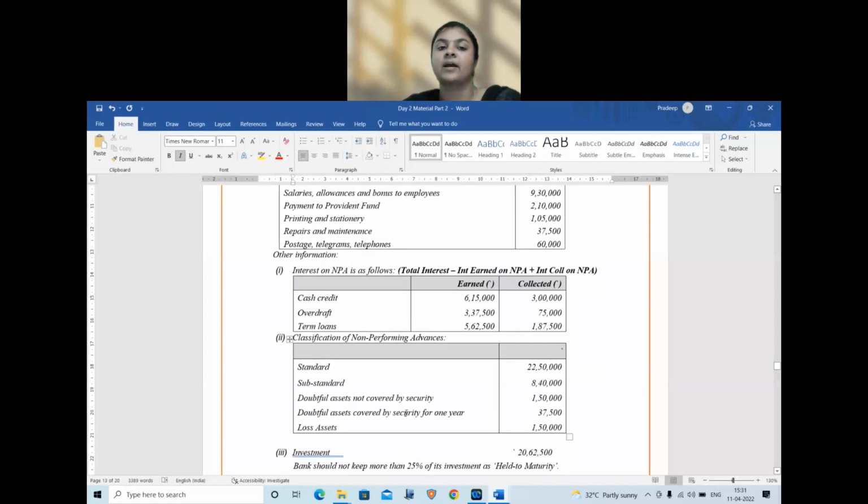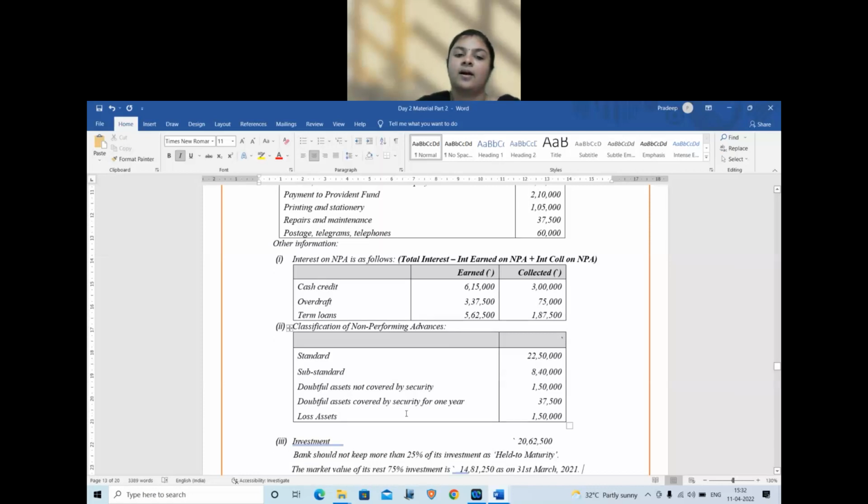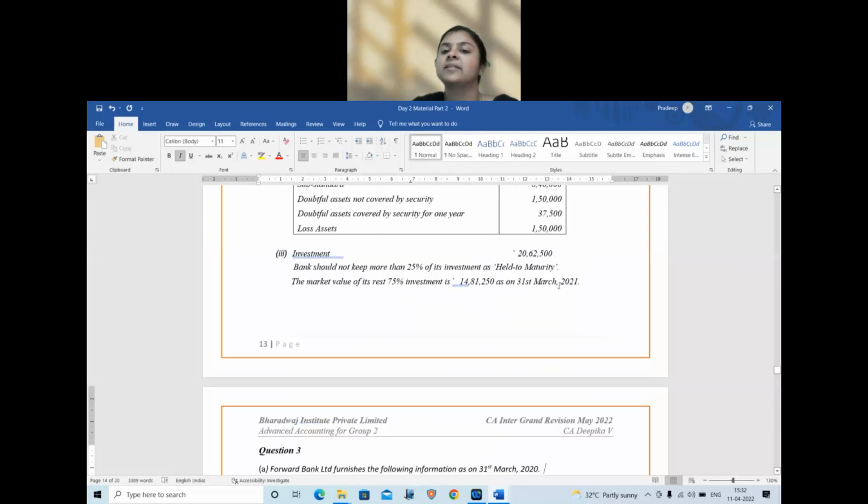Classification of non-performing advances. Why is this classification given? For us to calculate provision for bad and doubtful debts. The last adjustment again is important for us to note.